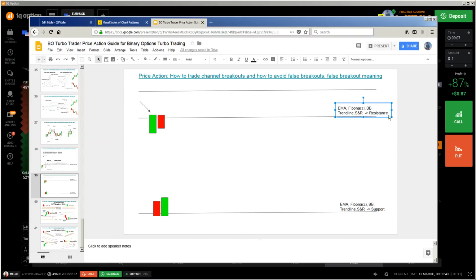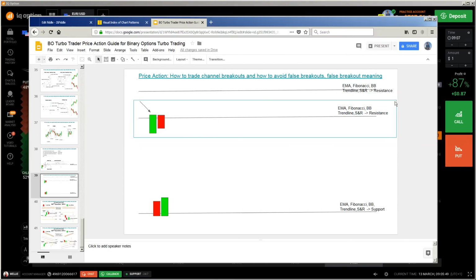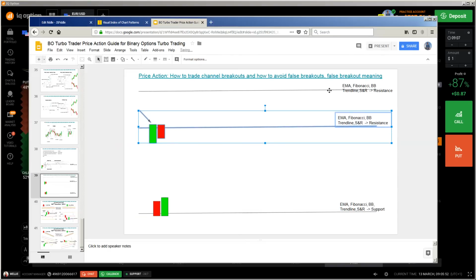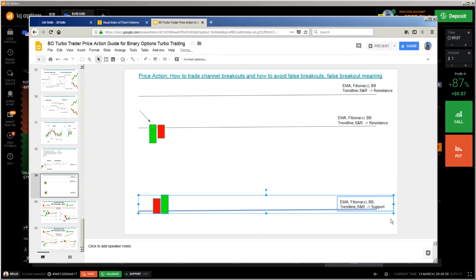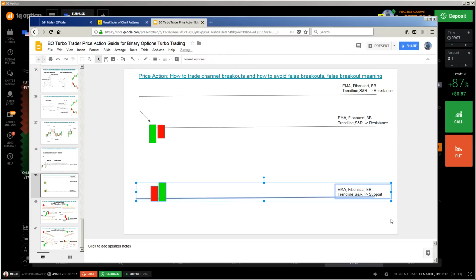This is another resistance area. And the thing is this: we have another resistance area here, and the distance to the next support and resistance area should be high, should be really large, to make this a false breakout.